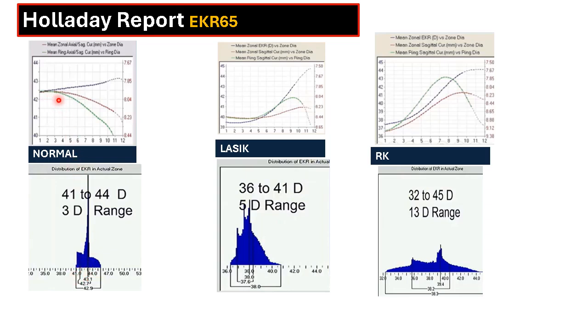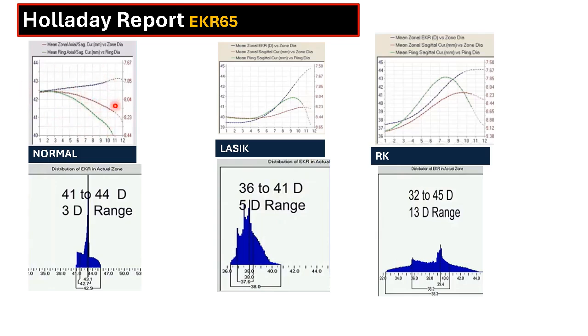Even in the graph here, you will see that in the initial 4.5 millimeter zone, the three dotted lines, the green, the red and the blue, represent the EKR 65, and the other red and green represent the axial map and the sagittal map. The three lines are coapted or parallel to each other, which indicates that there is homogeneous distribution of the power over the central 4.5 millimeter. However, after that, because of the prolateness of the cornea, they get separated.